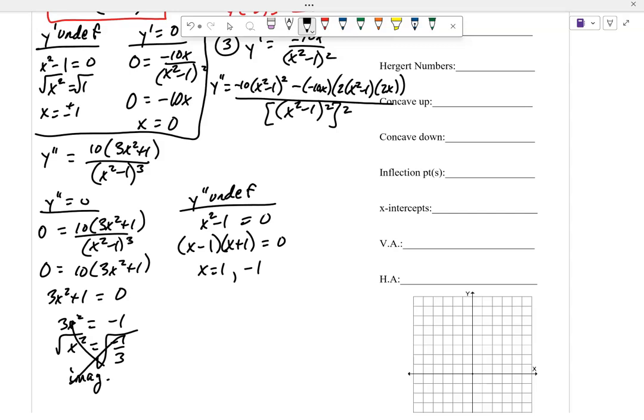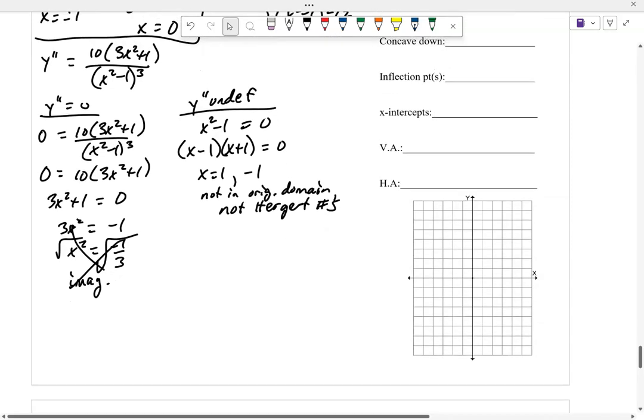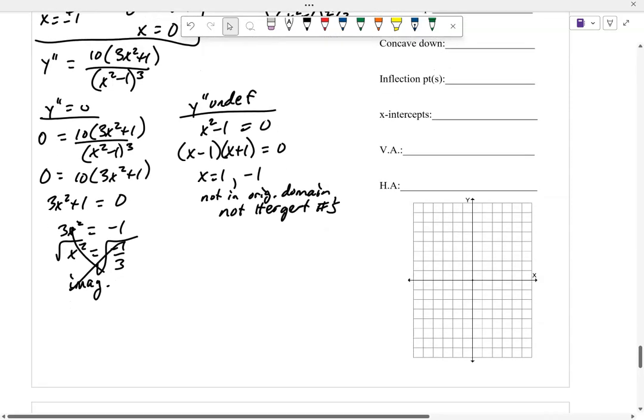But these are not in the original function's domain, so they're really not critical numbers. And so we are going to test around them.